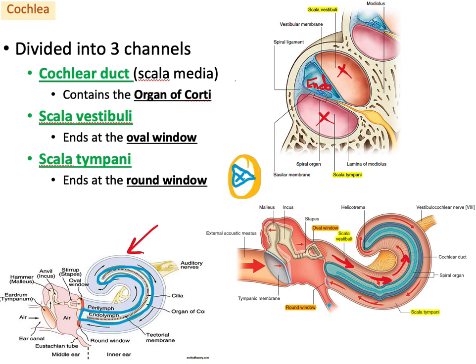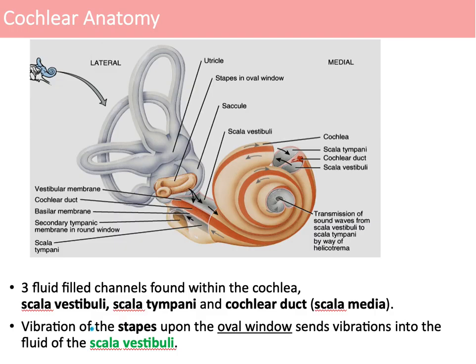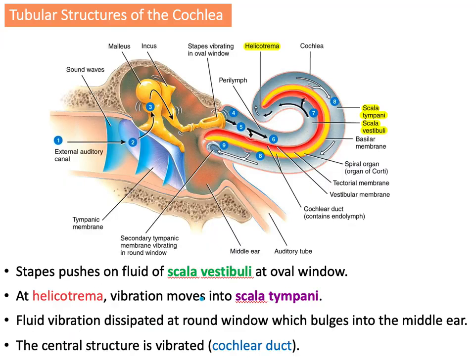Inside the cochlear duct is the endolymph, surrounded by perilymph. I think that's more than enough. Yes, we said that vibration of the stapes on the window sends vibration into the fluid.